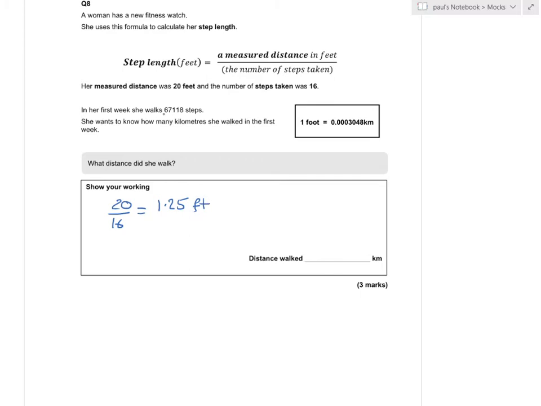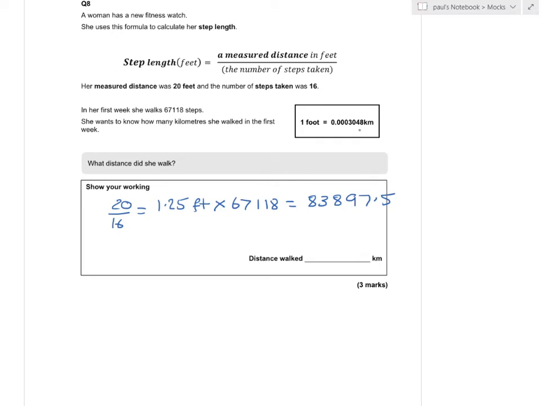In the first week, she walked how many kilometers, yeah? So multiply that by 67118, and that's the number of feet. Total number of feet is 83897.5.